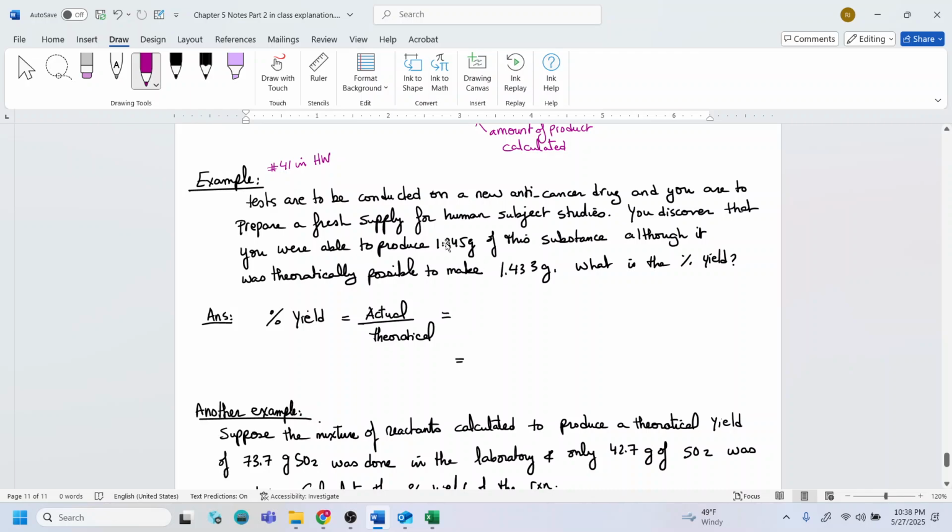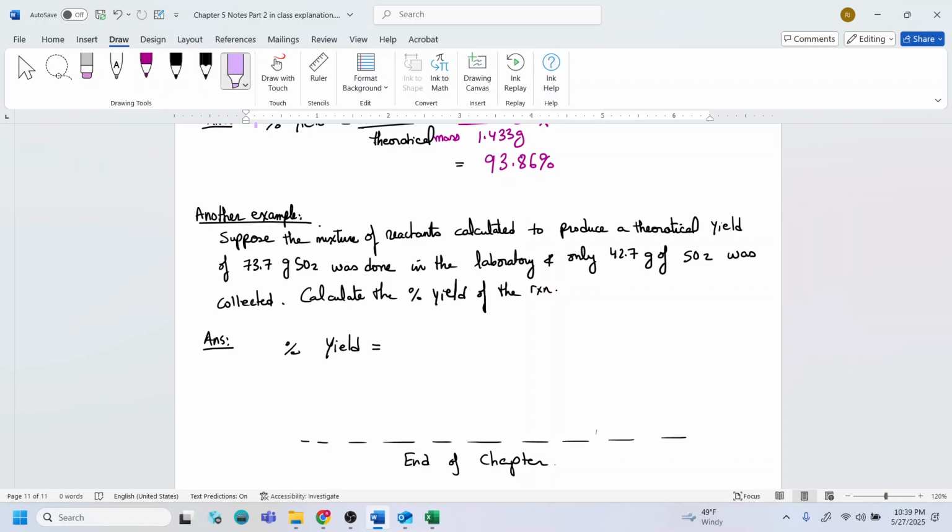This is the actual, and this is the theoretical in there. So you simply divide those over each other. It's the actual mass, so it has to be both in grams, okay? Divided by 1.433 grams, and you have to multiply by 100. Multiplying by 100 is a must because it's a percent yield, and that one is 93.86%.